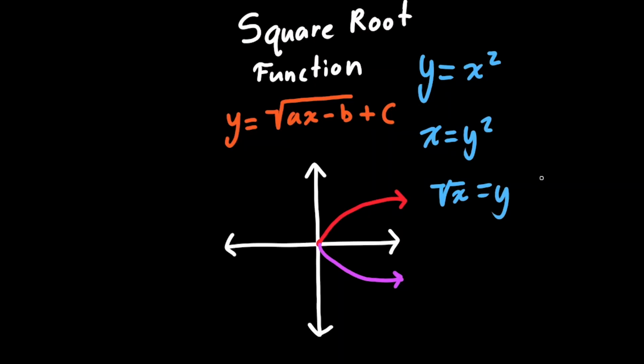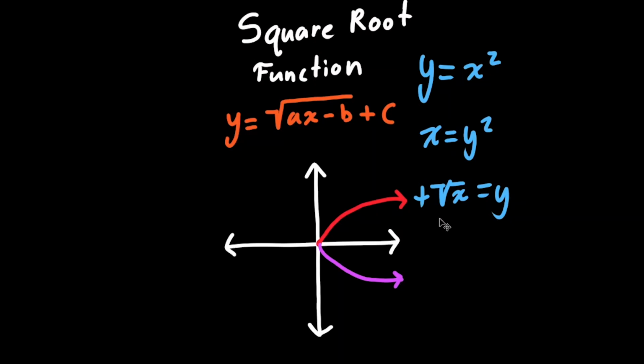But an important thing to notice about the square root function is that when we are taking the square root of both sides, you must remember to include the plus or minus. But because of the definition of a function, in which one input has one output, we have to choose whether we want the positive square root or the negative square root.